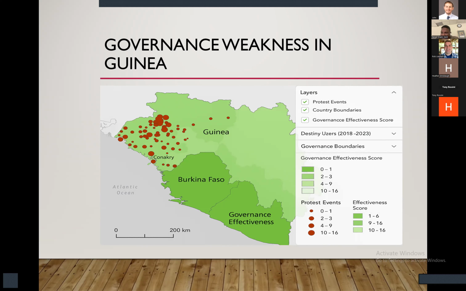These spatial correlations suggest that areas with weaker public institutions, reduced service delivery, or corrupt local administration are more vulnerable to public dissatisfaction and mobilization. Notably, Burkina Faso shows higher governance scores, especially in the southeastern and central provinces, and correspondingly fewer protest events, reinforcing the relationship between institutional strength and political stability.